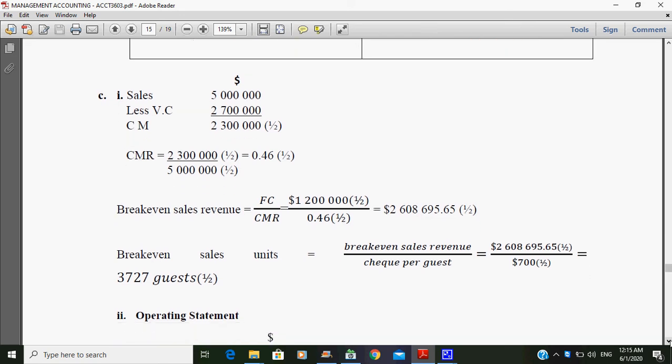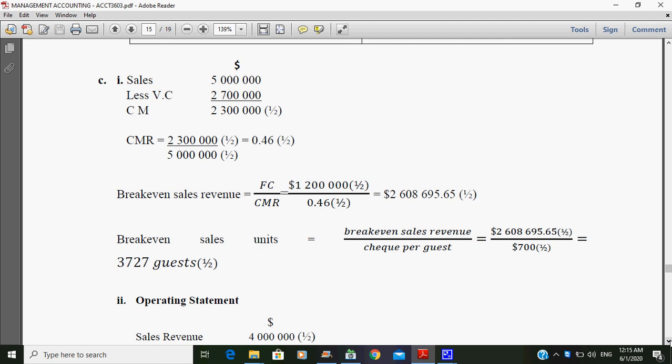Then you go down further because you were asked to find the break-even sales in units, right? Alright, good. Now watch this carefully.